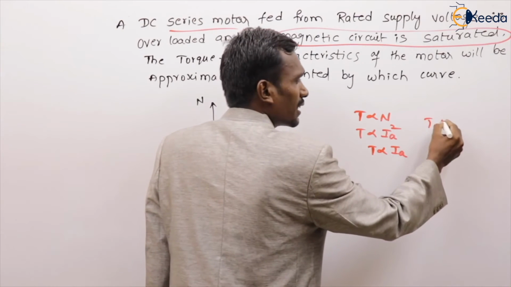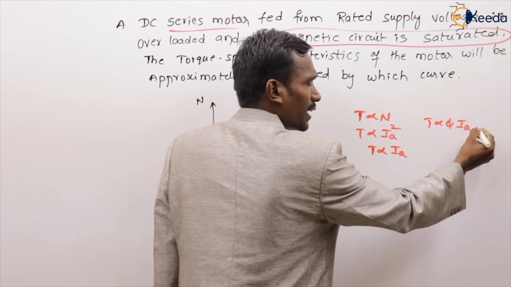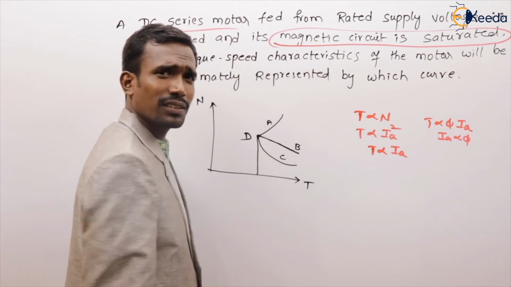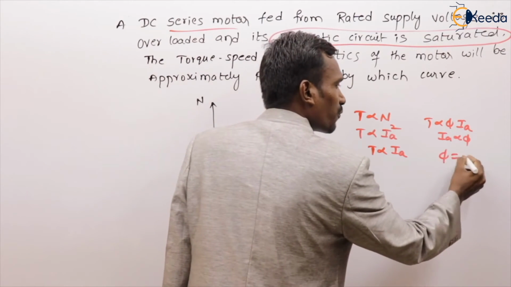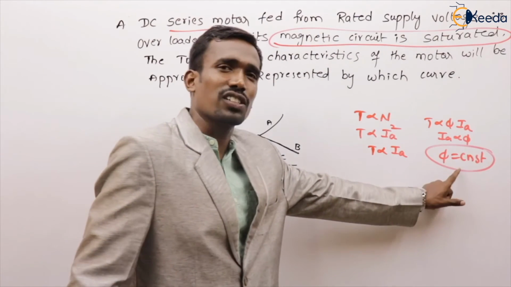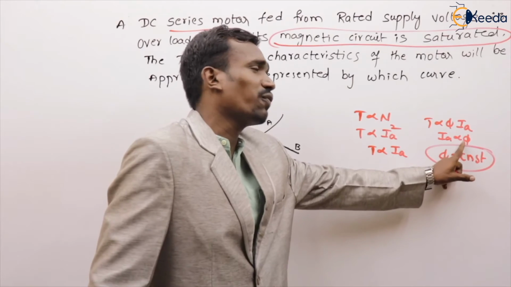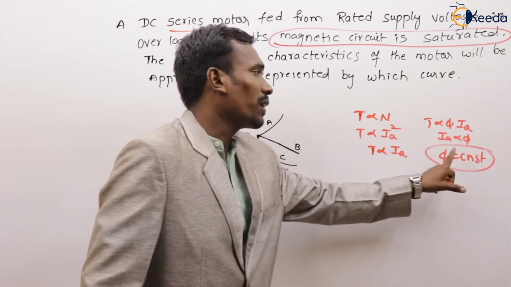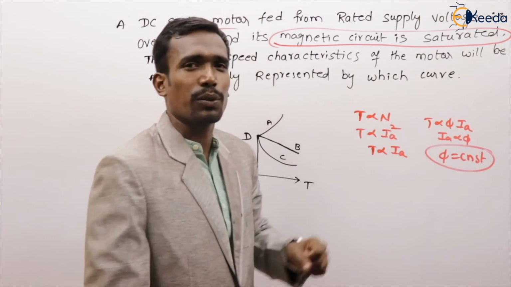Because generally torque is directly proportional to phi into IA. Before saturation, phi is directly proportional to IA, giving IA square. After saturation, flux is constant, so torque is directly proportional to IA.